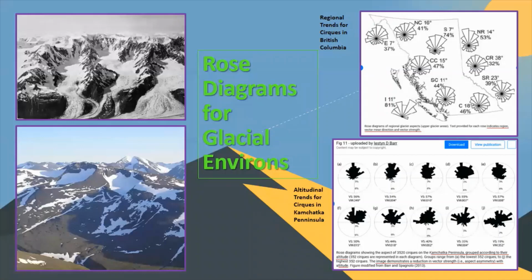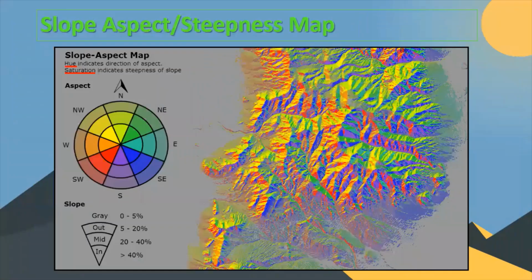So this is a clump of 352 cirques, 352, 352, and so forth. Each one of these diagrams has 352 cirques of the total cirques. And then they organized them by how they faced, and that's what you're seeing for different regions. So just showing you some examples of how those diagrams can work.